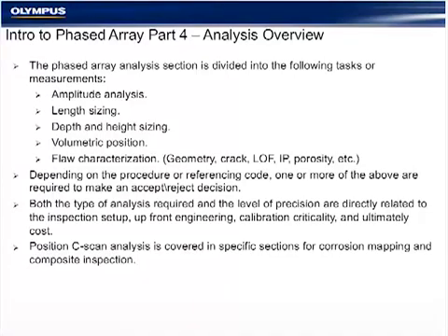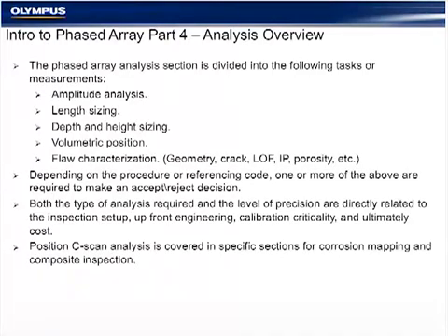In the 5 groups, we start with the most obvious, the amplitude analysis. Length sizing is very different and has a whole unique set of benefits and compromises depending on the pipe or plate, probe frequency, curved or radius, various things that we'll talk about. Depth and height sizing can be done similarly to manual UT as it is in the automated inspections.